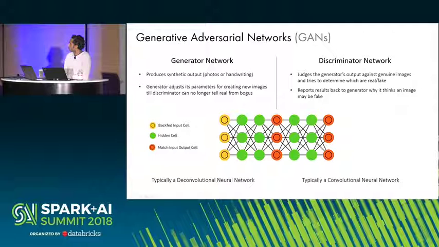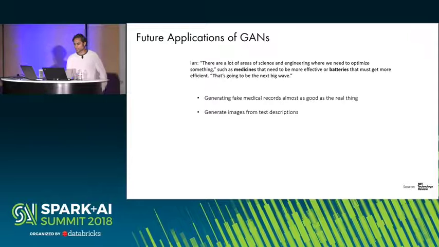Then the generator network adjusts its parameters for creating new images till the discriminator can no longer tell if it's real or bogus. This is usually a deconvolutional network for the generator, and a convolutional network for the discriminator usually.